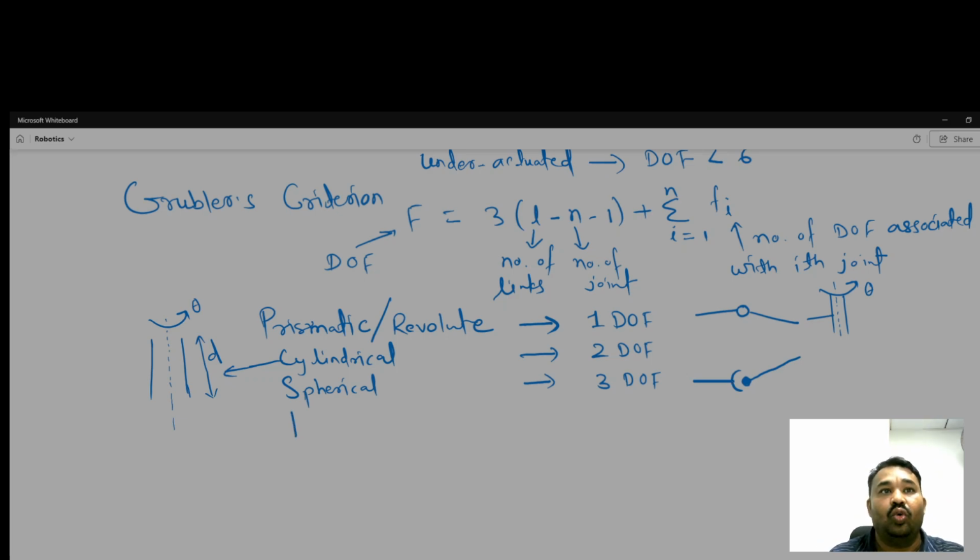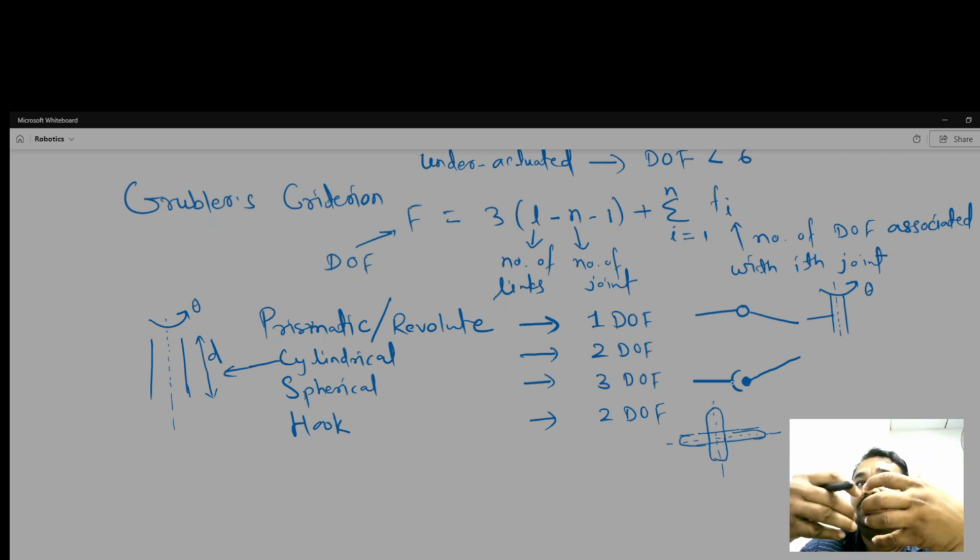And what about the hook? The hook provides 2 degrees of freedom. It can rotate about its own fixed axis, and it can translate. Just visualize the hook joint.